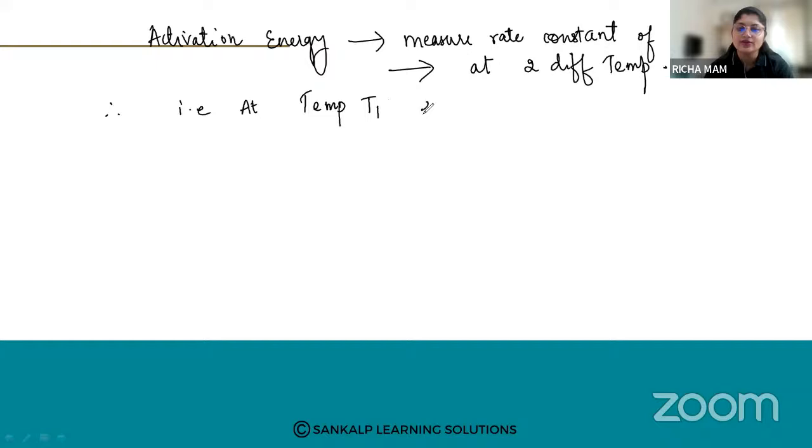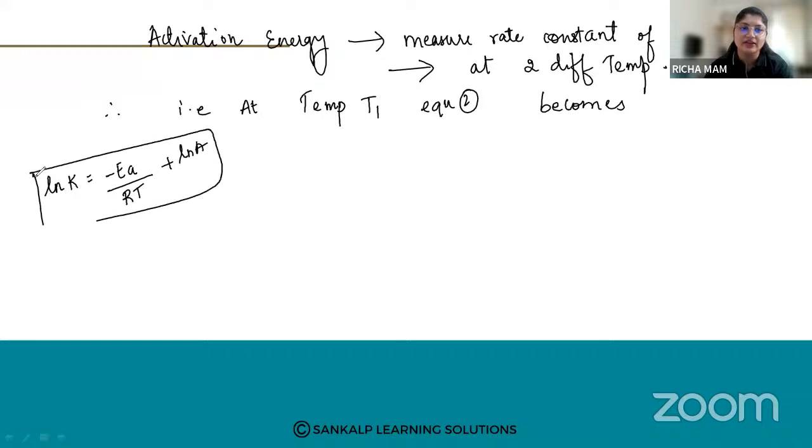So at temperature T1, equation 2 becomes... From the graphical representation, what was the equation we had? ln k = -Ea/RT + ln A. This was the equation we got graphically. Now we will substitute T1 in this equation.